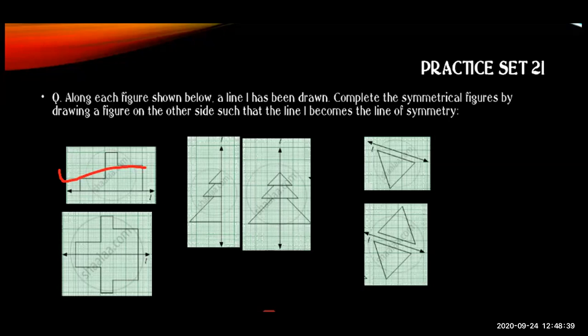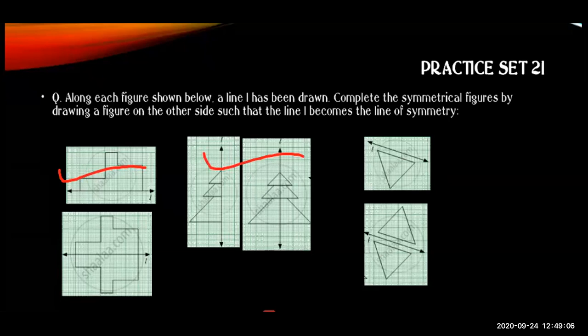Now your second figure shows half a Christmas tree. So the line L is showing half of the Christmas tree. You have to complete the other side. As you complete the other side, it will show the full symmetry of a Christmas tree.